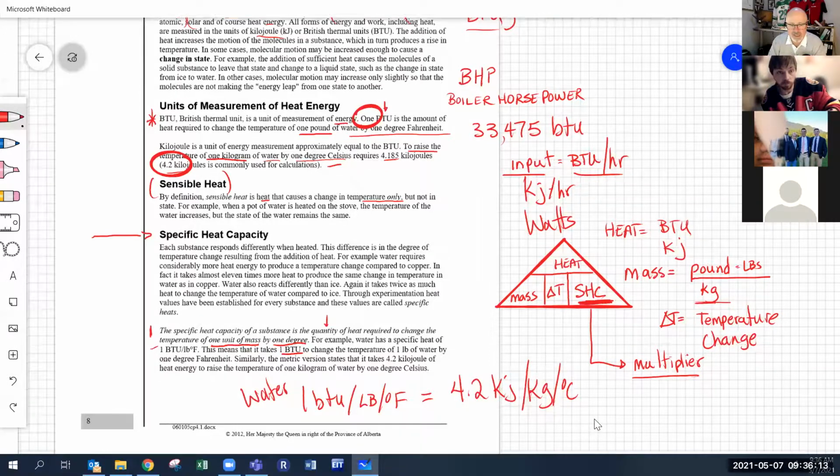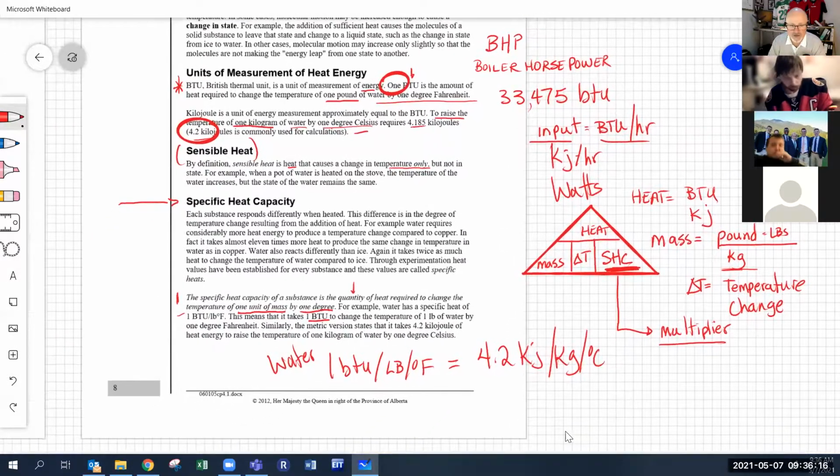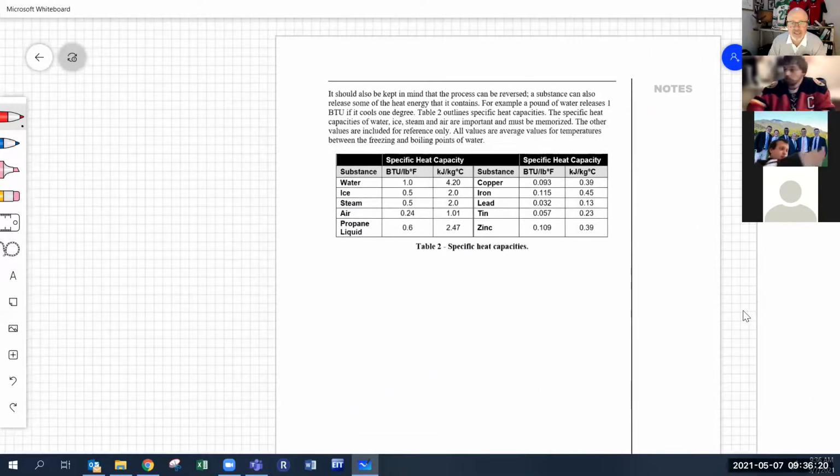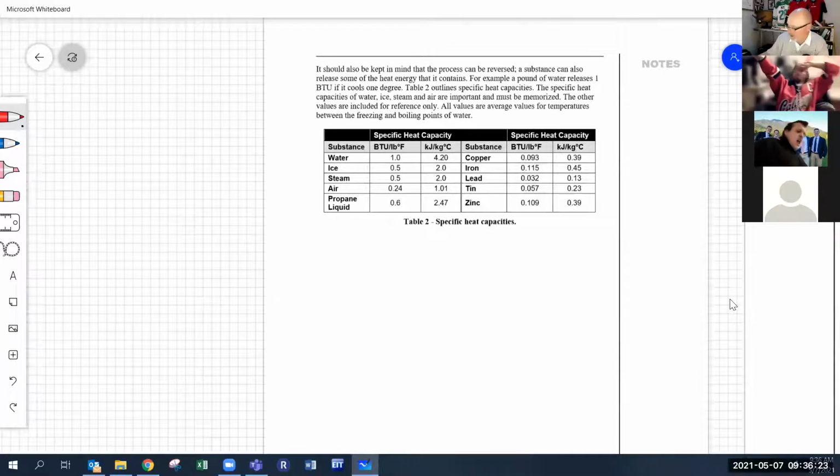And that should bring us to a table of specific heat capacities. Here is the table of our specific heat capacities. If we're talking about water as our substance, our number for specific heat capacity is 1 BTU per pound per degree Fahrenheit. Or if we're talking about metric, it is 4.2 kilojoules per kilogram per degree Celsius.